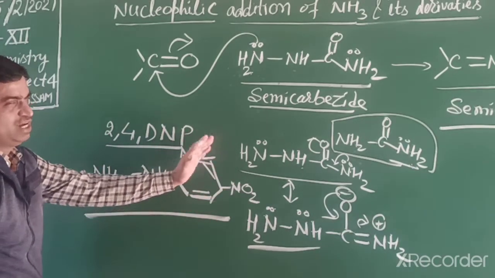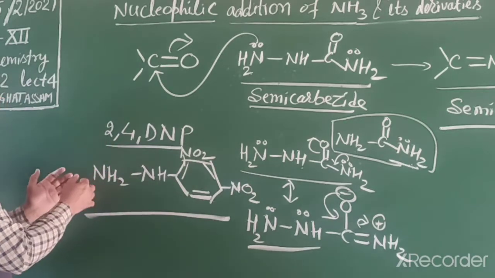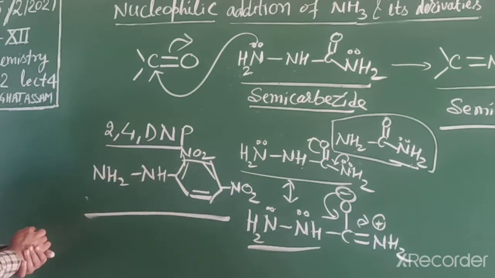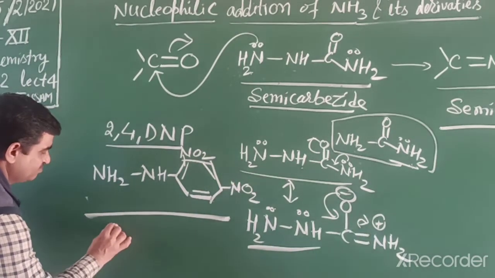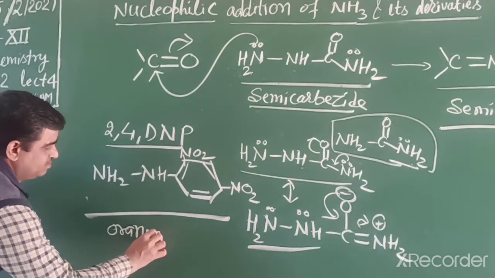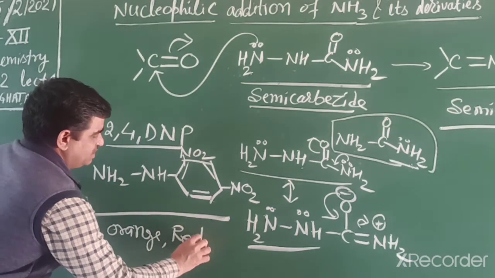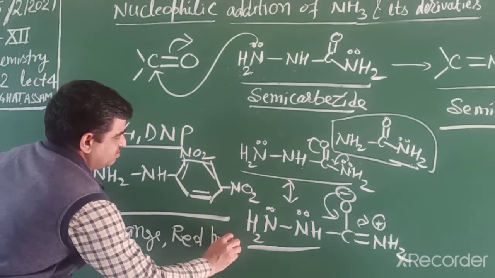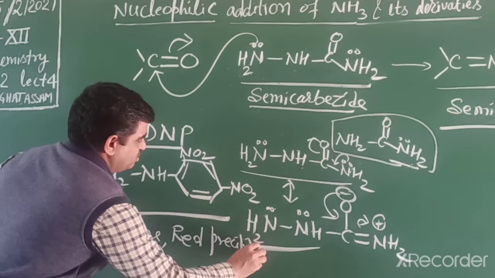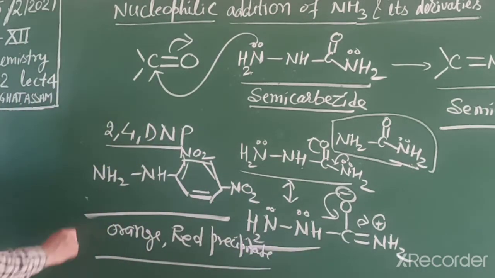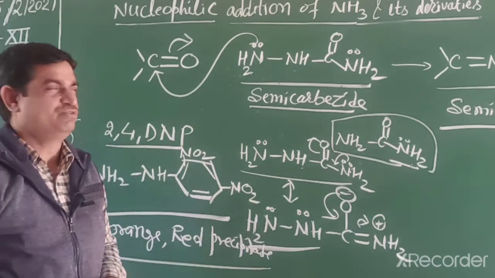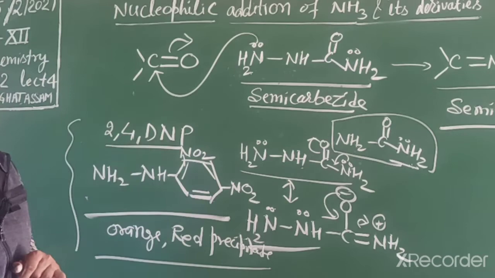This 2,4-dinitrophenylhydrazine reacts with a carbonyl compound and forms an orange, red, or yellow precipitate. So it is a characteristic reaction of carbonyl compounds, and we can identify whether a given compound is a carbonyl using the 2,4-DNP reagent.